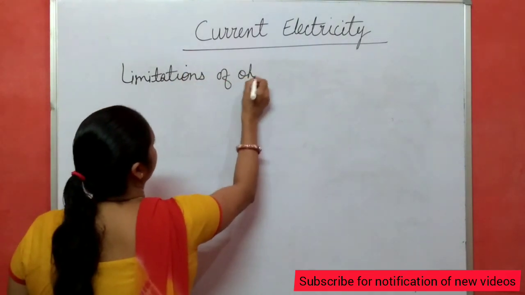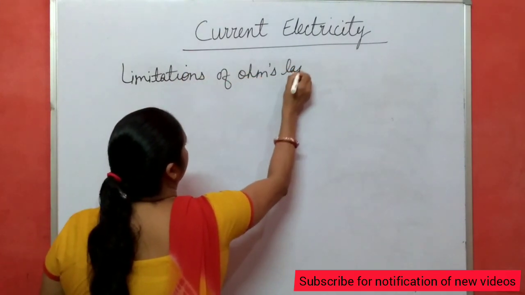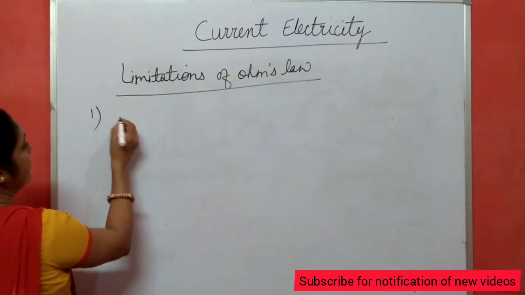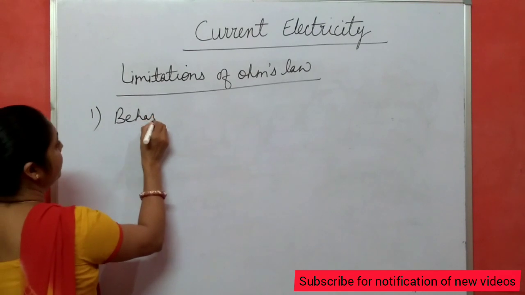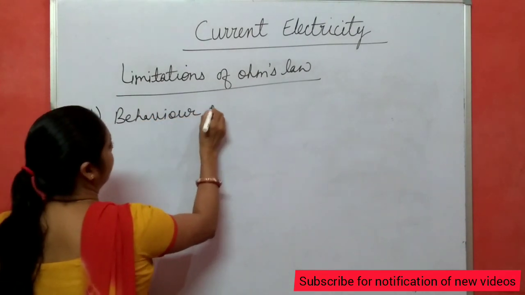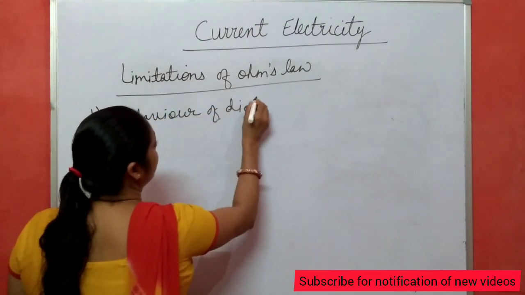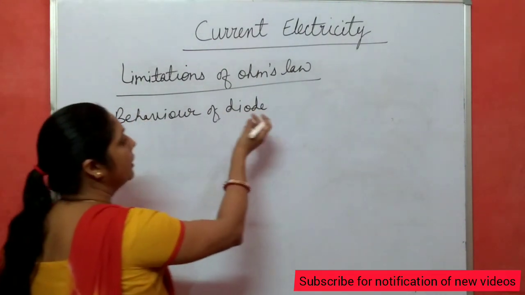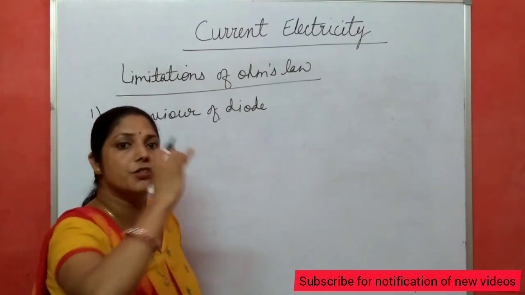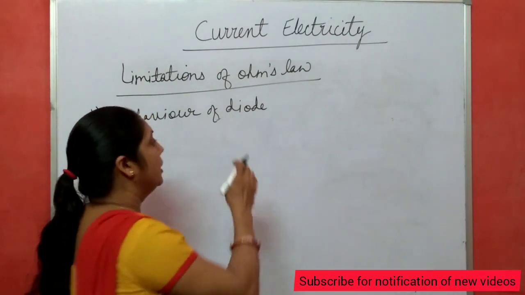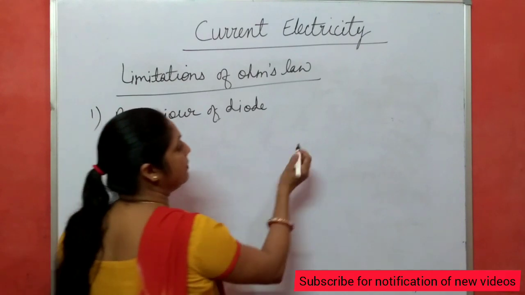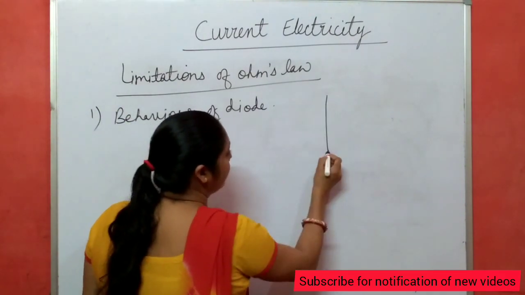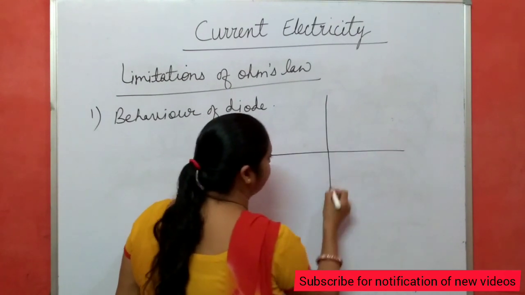Limitations of Ohm's law. There are some conductors which do not follow Ohm's law, and the best example is the behavior of a diode, which does not obey Ohm's law, that is called a non-ohmic conductor. A diode is actually a device which allows unidirectional current to flow. You will study diode in detail in the semiconductor chapter. Here the graph of this diode is like this one.